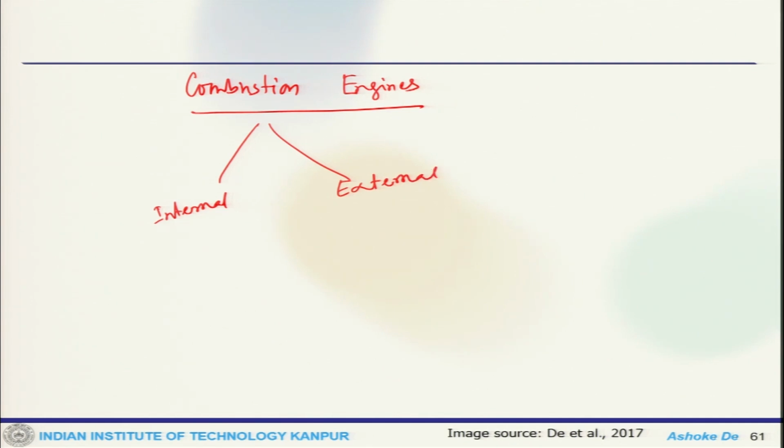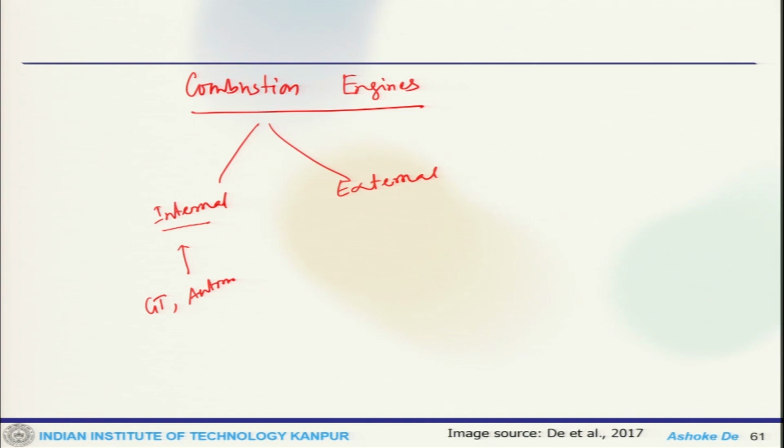Most of the systems that we practically see are internal combustion engines, which are dominantly used for propulsion systems, whether you think about the application of the gas turbine or the automobile engine. We will also look at external combustion engines.